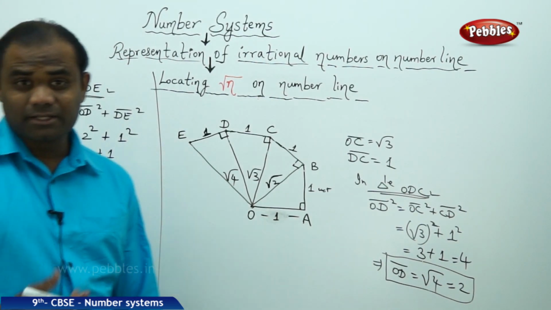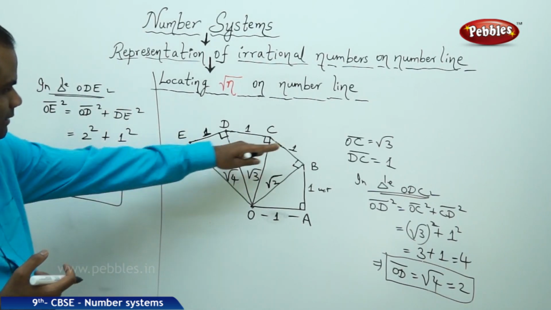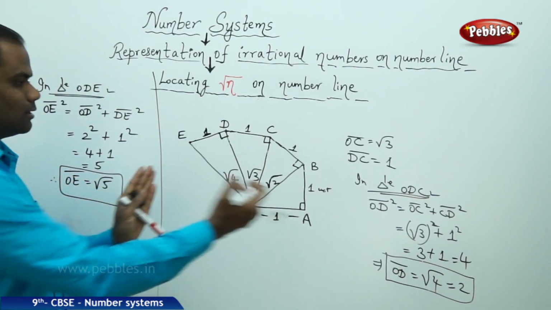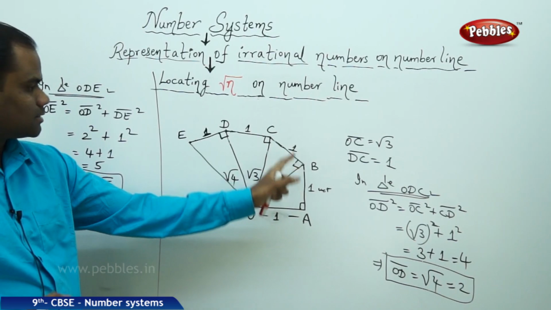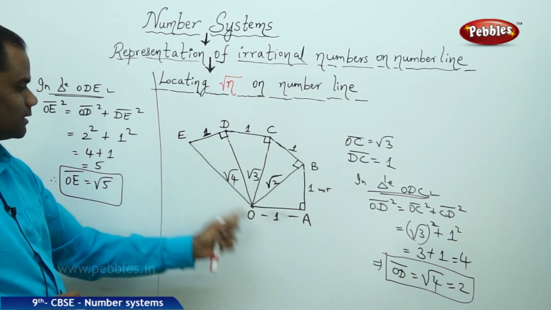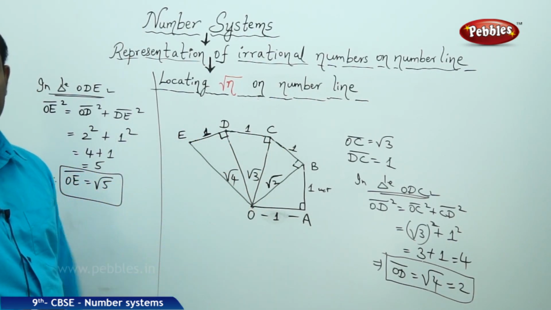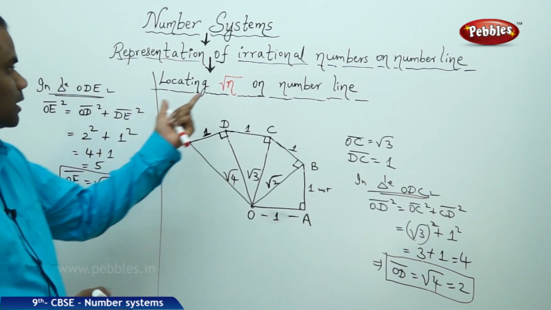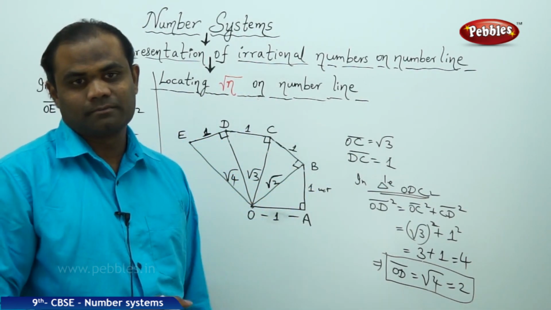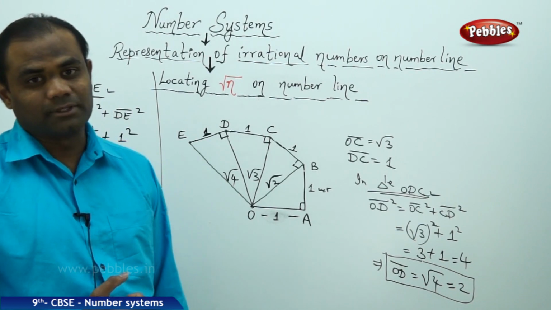This is how I identify that as I construct the 1 unit perpendicular length through the different sides of the polygon, I get the different distances from O, which are nothing but the roots of consecutive natural numbers.